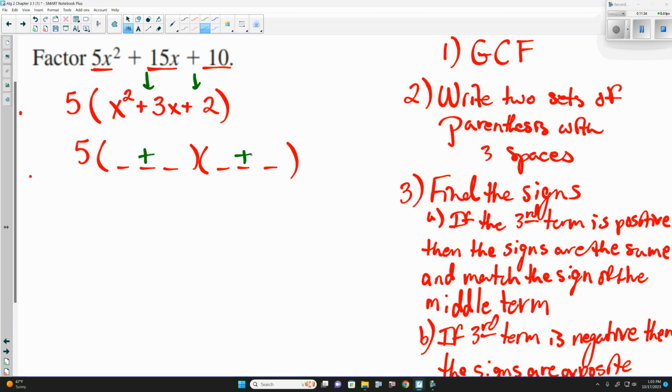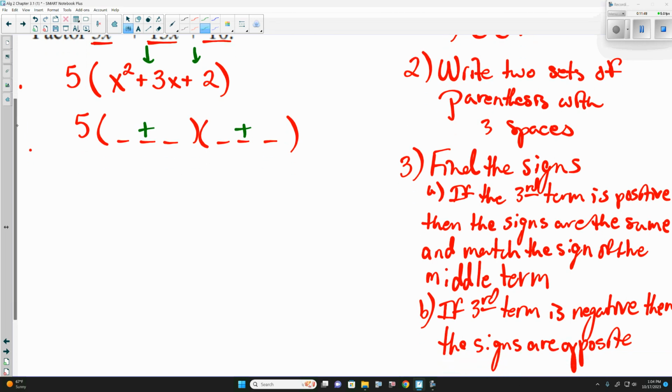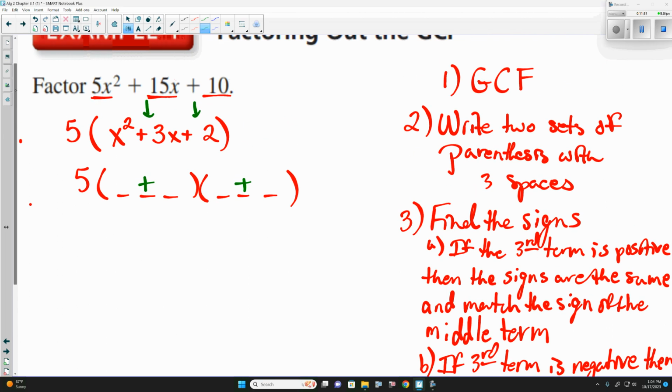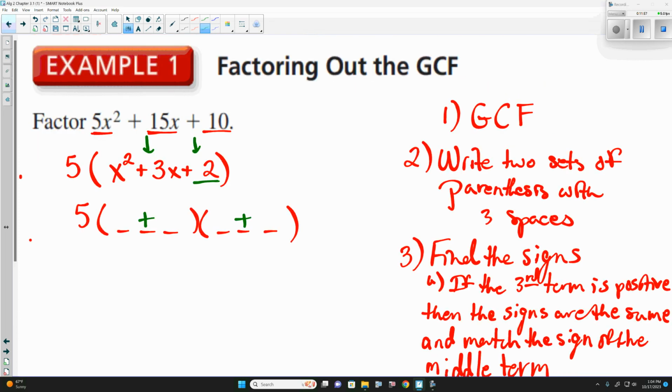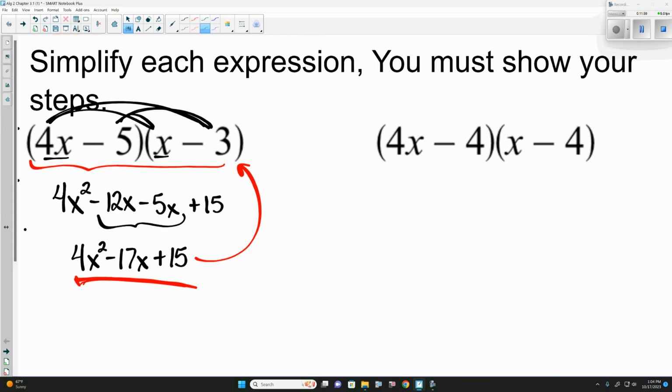Because there are different methods to this. One of them is the cross method, and it really revolves around the factors of the first and third term, and we have to look at the signs of it as well to get there. And this, especially with the third term being positive, to get this third term, we'll look back at this here.